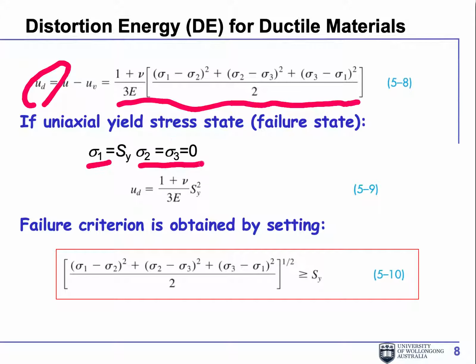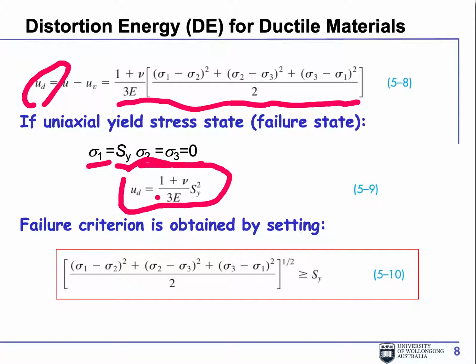In that situation, we know the component fails when sigma 1 equals the yield stress, because that's how we do the yield test. So we plug these numbers in: sigma 1 equals sy, sigma 2 and sigma 3 are all zeros, and we get this.